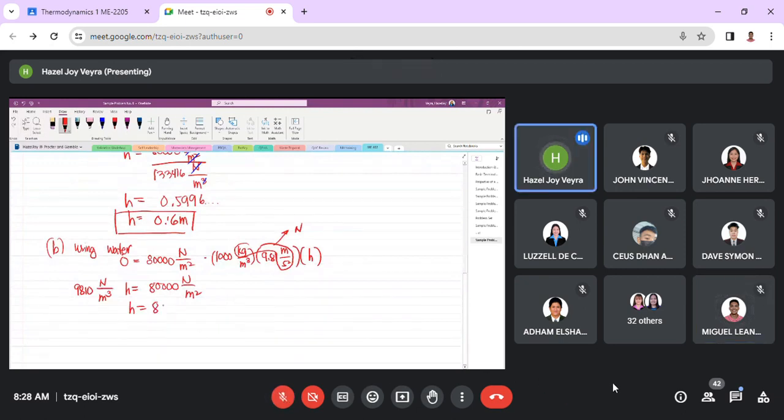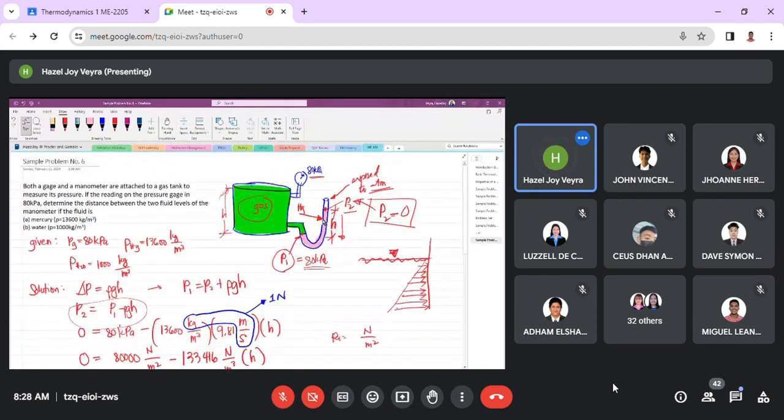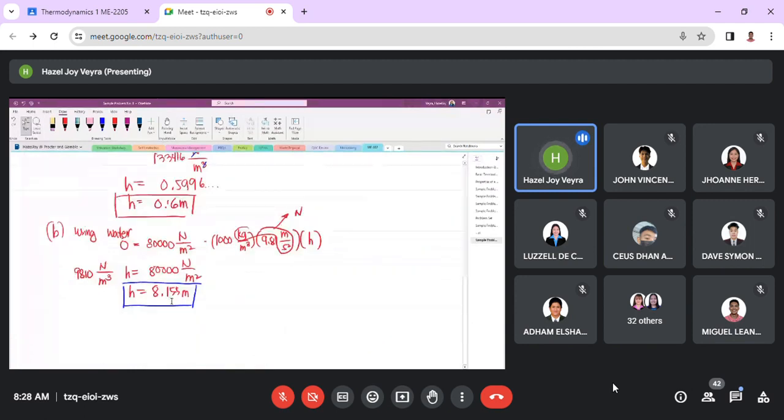Correct, 8.155 meters. So, pag ang ginamit pala dito ay water, napakataas nung magiging manometer natin, no? So, the equivalent height is 8.155 meters. This is when using mercury, and this is if using water.